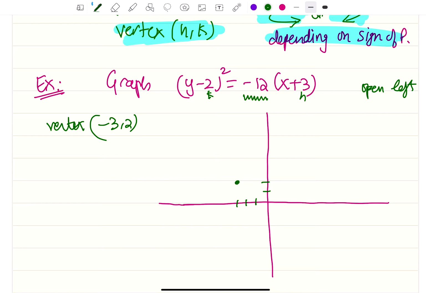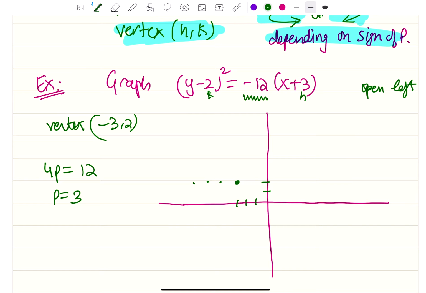This parabola opens to the left. Now at this point, we want to think about what my p is equal to. The absolute value of 4p is equal to 12, so p is going to equal 3. That means 3 units going inside my parabola, I will be at my focus, and 3 units on the other side, I will have my directrix.